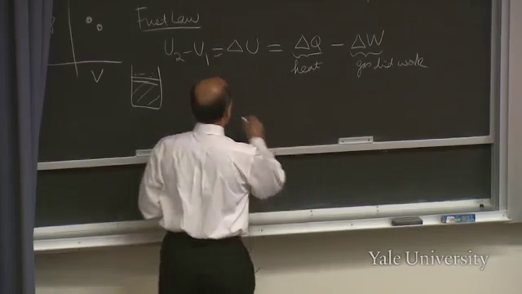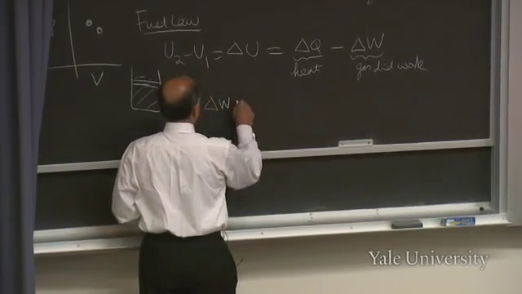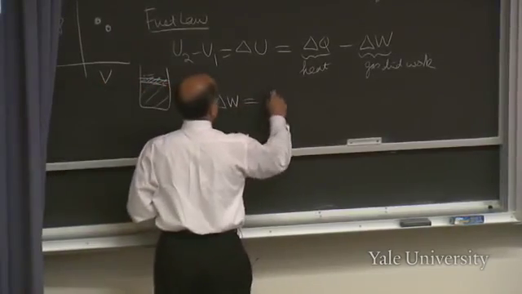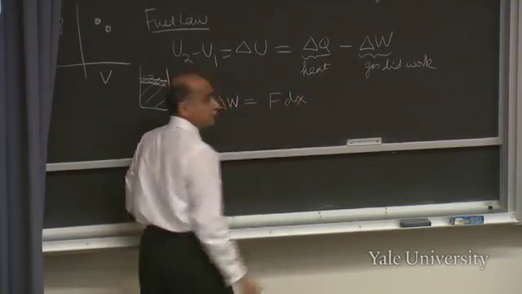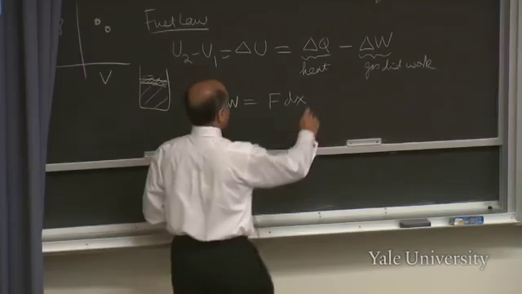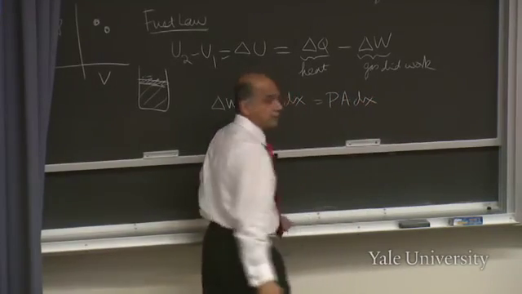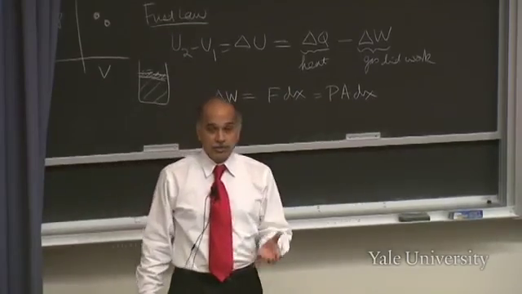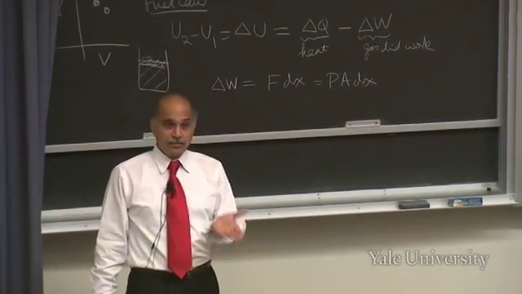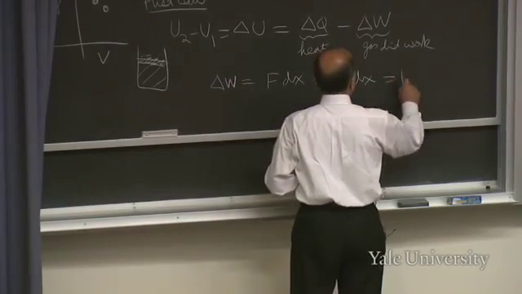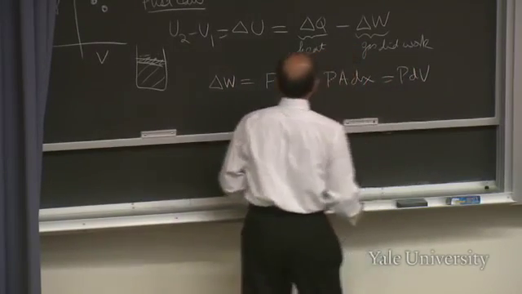So what's the formula for work done? Let's calculate that. If I got a piston here, it's the force times the distance. But the force is the pressure times the area times the distance. Now you guys should know enough geometry to know the area of the piston times the distance it moves is the change in the volume. So we can write it as P times dV.